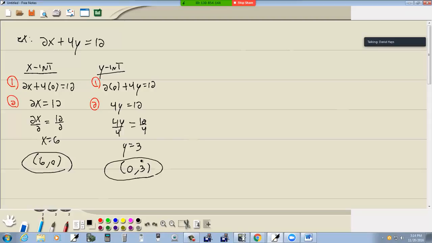Now in some questions you may just be asked to find the intercept, and that's it. In other ones you may want to use the intercepts to graph it. And really the only time that ever works out well is when you have a line. When I say a line, everything's the first power, like this problem. So if our instructions were to graph this, let's show how we would then go on. We got (6, 0). So I'll put a point there.